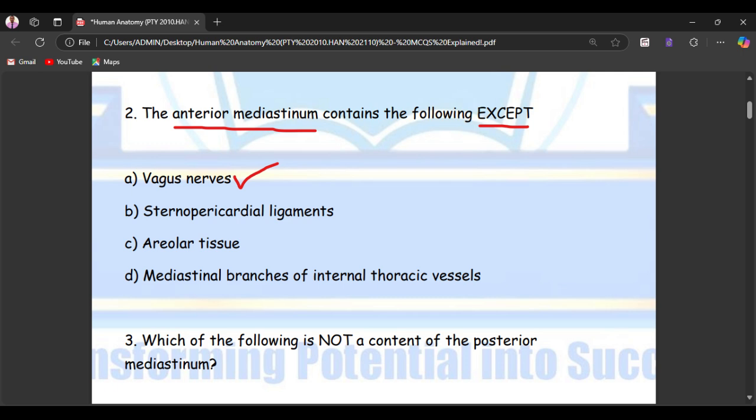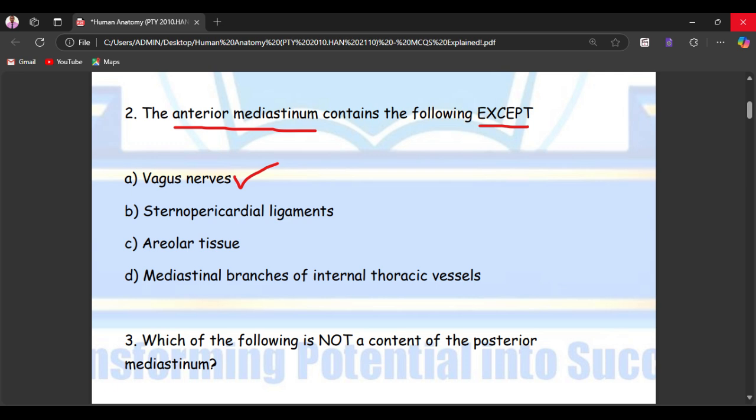We also have the small mediastinal branches of the internal thoracic vessels, as well as the remnants of the thymus, especially in children. We also have the sternopericardial ligaments.